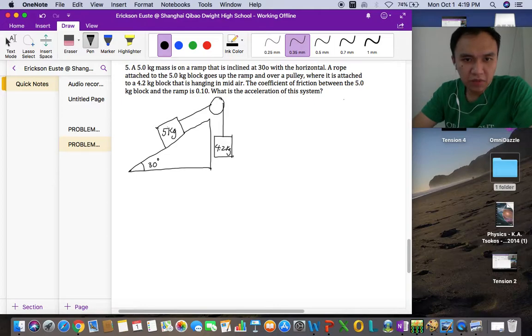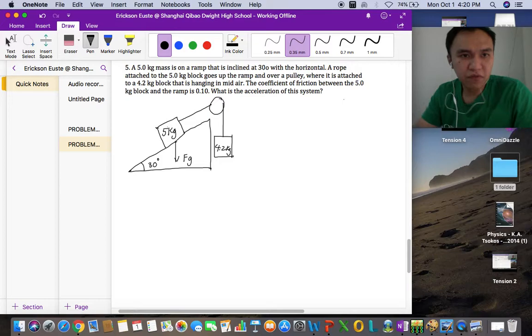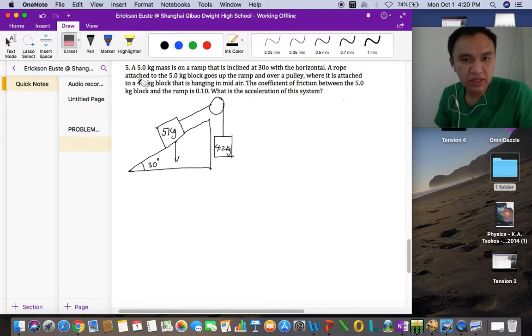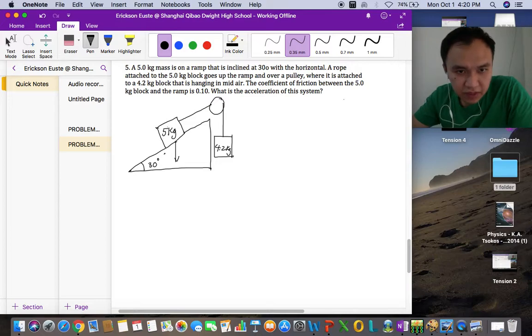So we've already had this a while ago. So this is the gravitational force, and you know that the gravitational force has the component for the x and y. So we make sure that we draw that. Let me just put this FG, and this is gonna be FGY, and this is gonna be FGX.